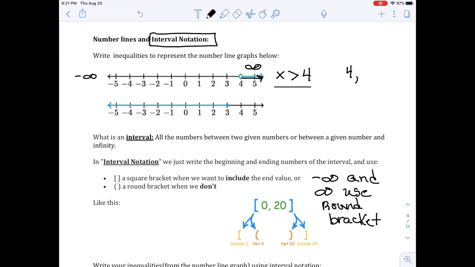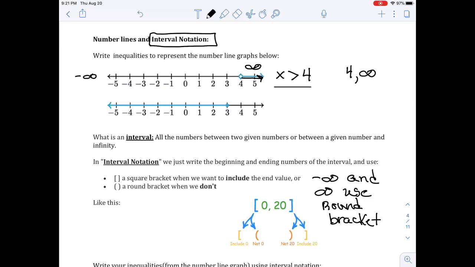The graph moves in the direction of +infinity. Now, it's very important when you work with interval notation and you interpret number line graphs or coordinate plane graphs that you are always reading left to right.